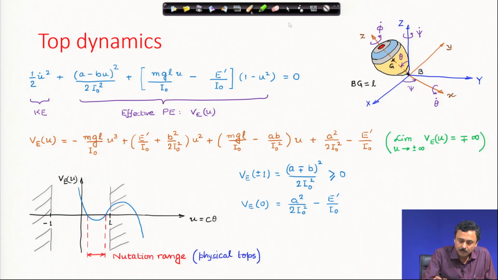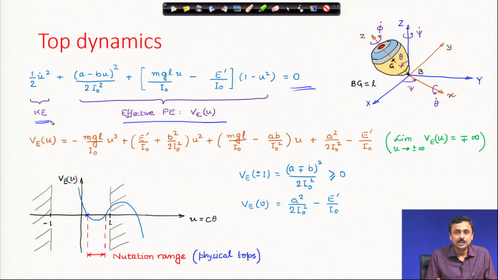Now, what are these points? Let us try to understand these points where the effective potential goes to 0. If the effective potential goes to 0, because the sum of the kinetic energy and the potential energy must be 0, that implies the kinetic energy must be 0.